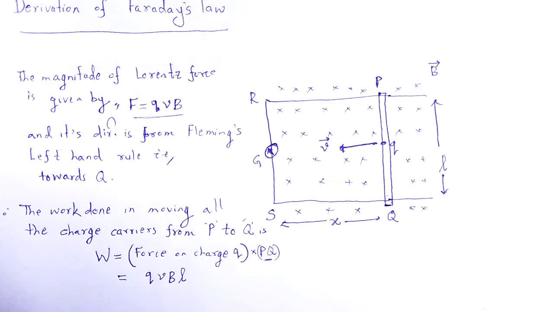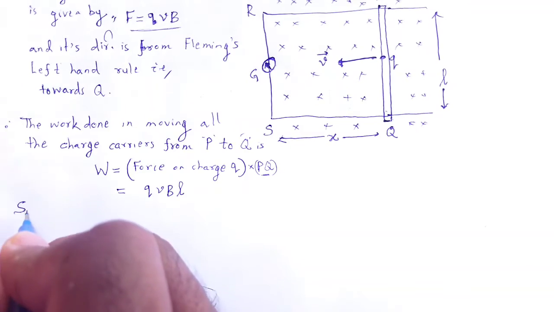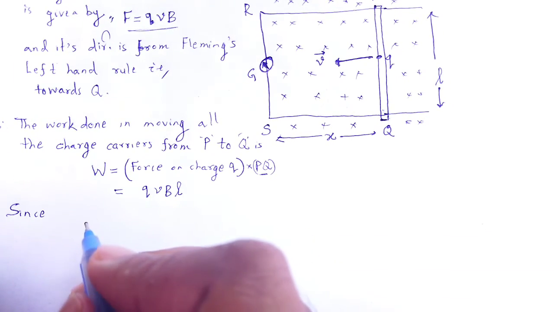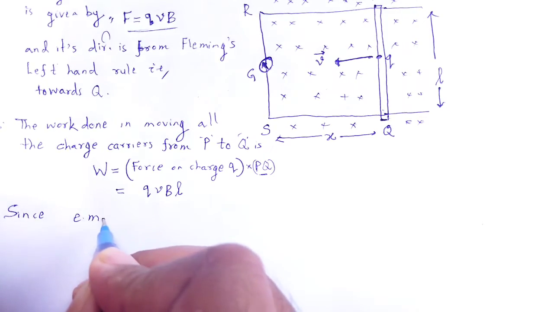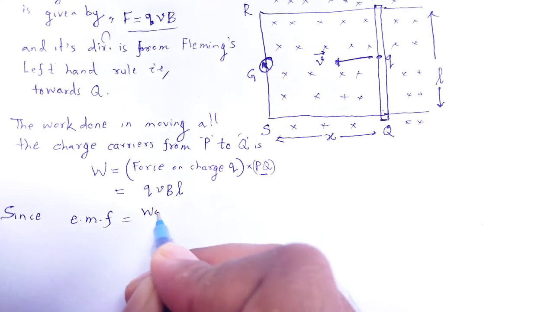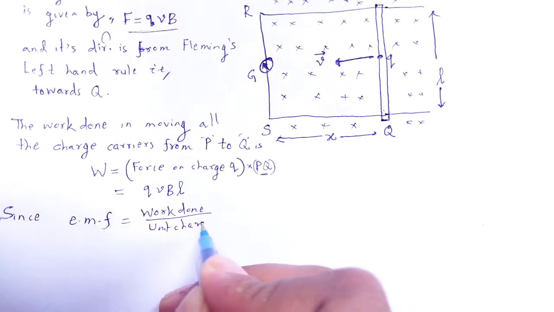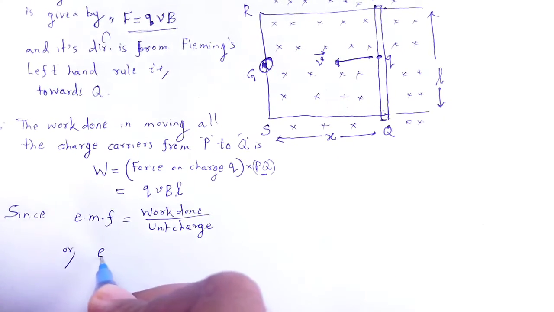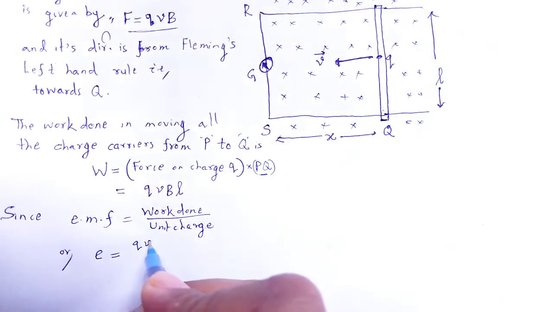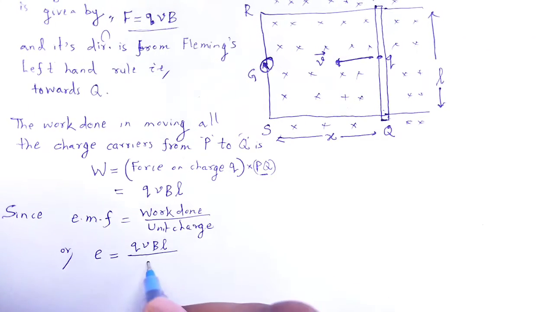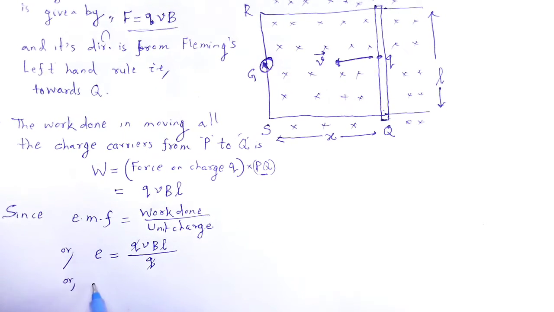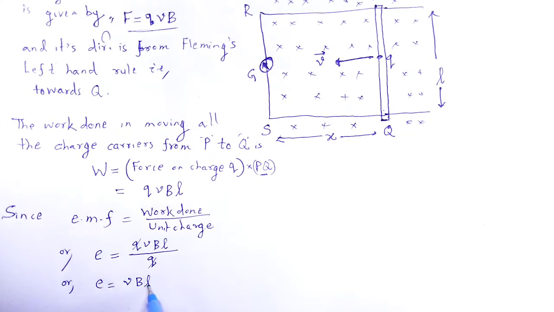Since EMF is the work done per unit charge, therefore, EMF E is equal to work done per unit charge, Q V B L divided by unit charge Q. Q cancels out, EMF E is equal to V B L.